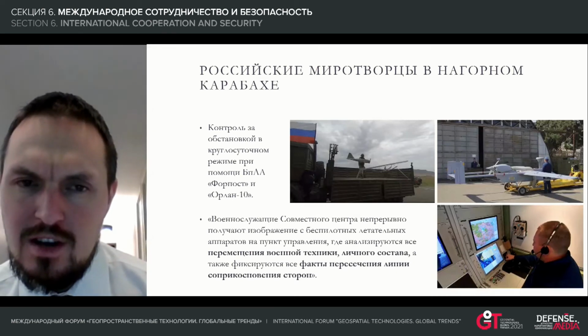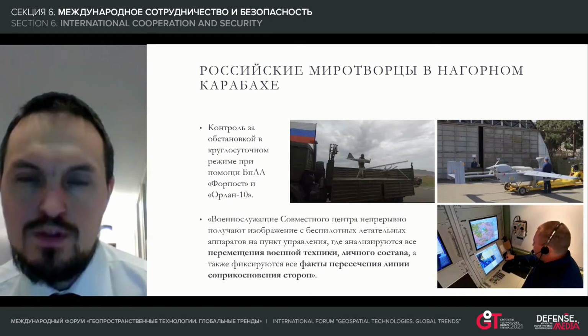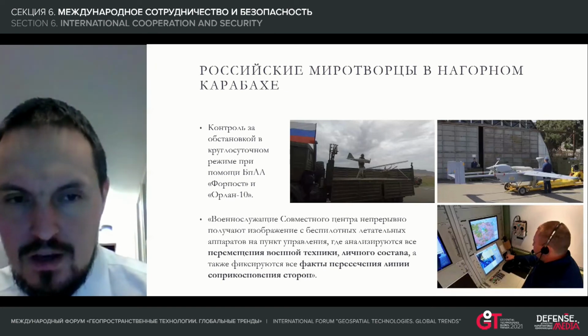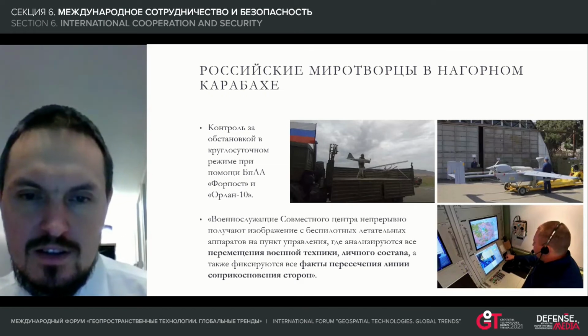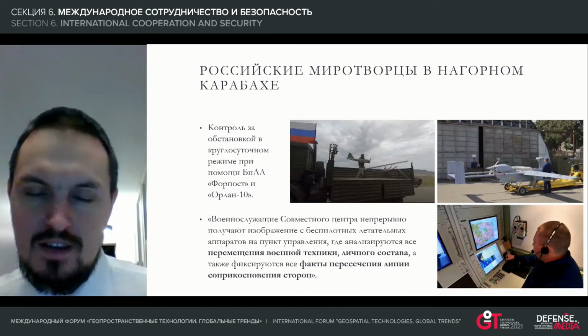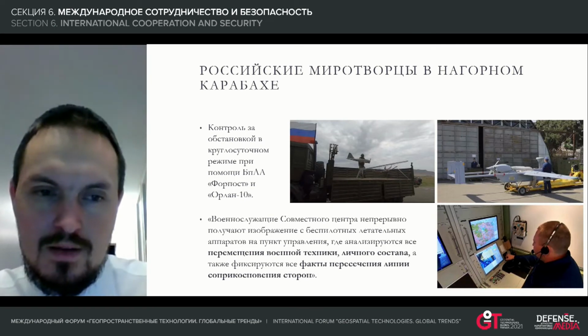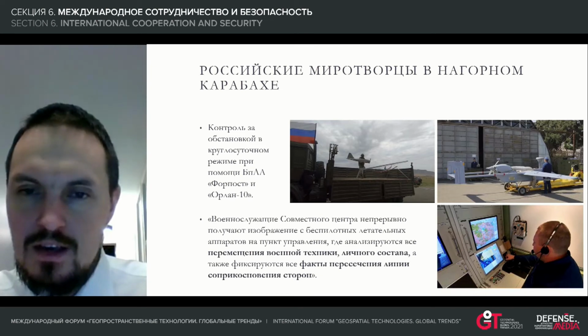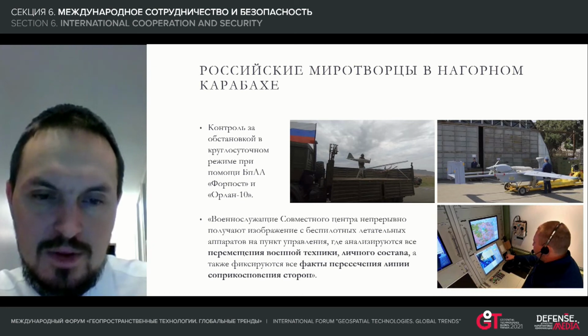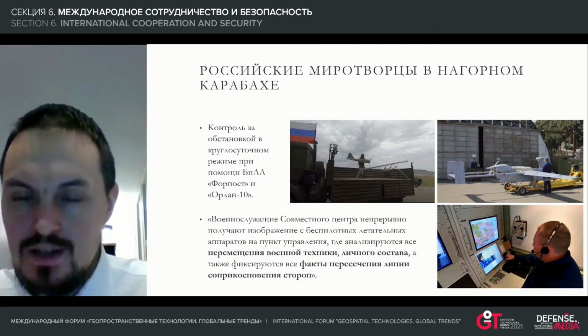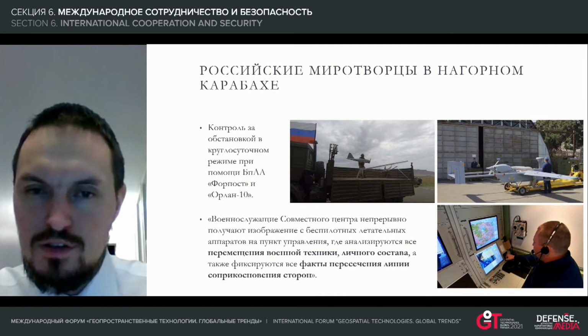These drones, as we know, can patrol 24/7, and then the data is sent to a joint monitoring center, where defense personnel process and double check this data, and as a result it is used for analysis of military technical and personnel movements and the actions of the parties meeting together.